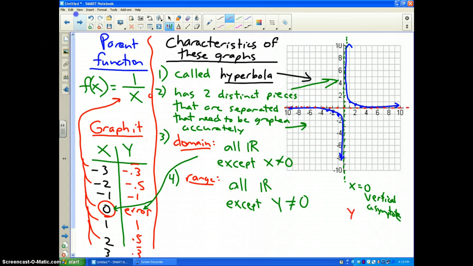So the line y equals 0 is a horizontal asymptote. We have two asymptotes on these graphs. And there you go. Those are the characteristics of the parent function and of all rational graphs. Now, let's graph one.